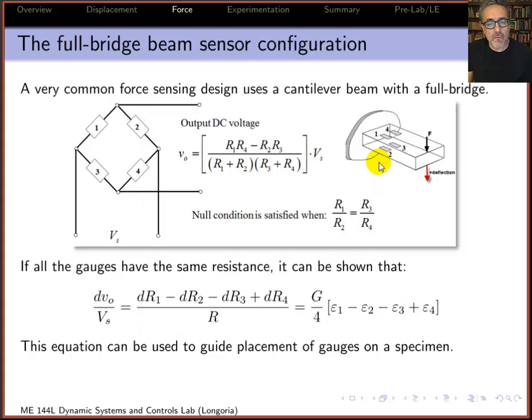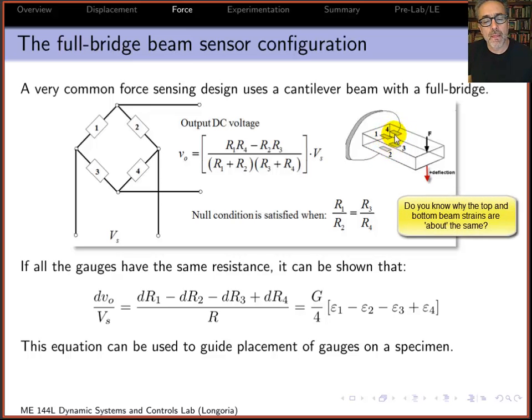So if you mount these carefully, you can get some really nice relationships. For example, if you have E1 and E4 on top as shown here, they're both going to be in tension. E2 and E3 are going to be in compression, so they're going to have a negative sign. So the strains will also be about the same as 1 and 4, right? And so, think about this, these E2 and E3 add up and they're the opposite sign, so you have a 4 times factor here.